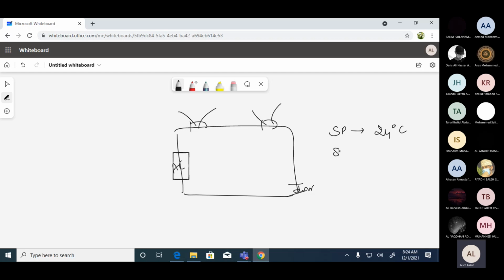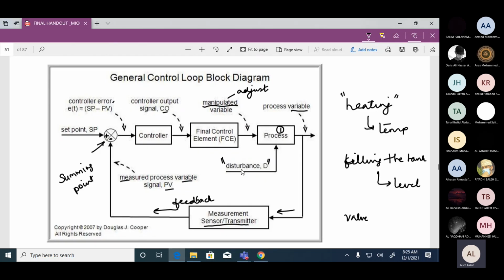What will happen to the output from the sensor? The sensor output will be increasing. Earlier it was 24, now maybe it will become 30 or maybe 35. So this particular action of making the variable increase or decrease suddenly is called disturbance.